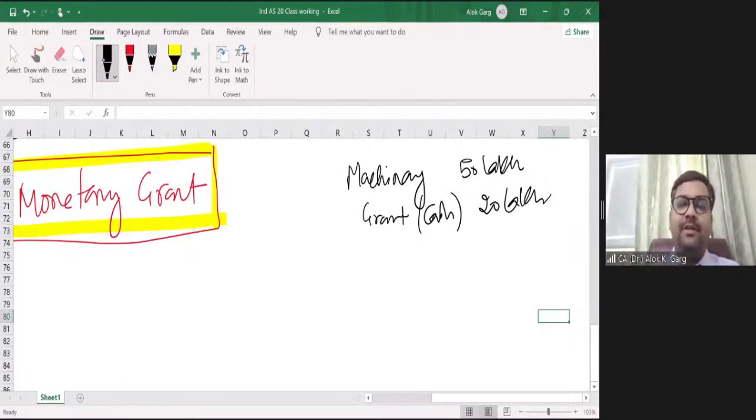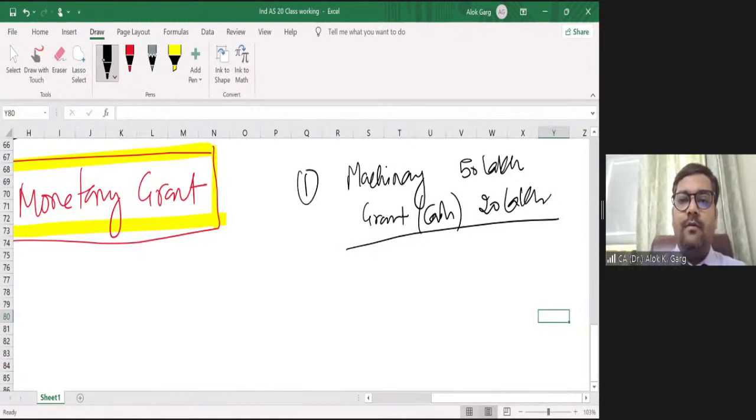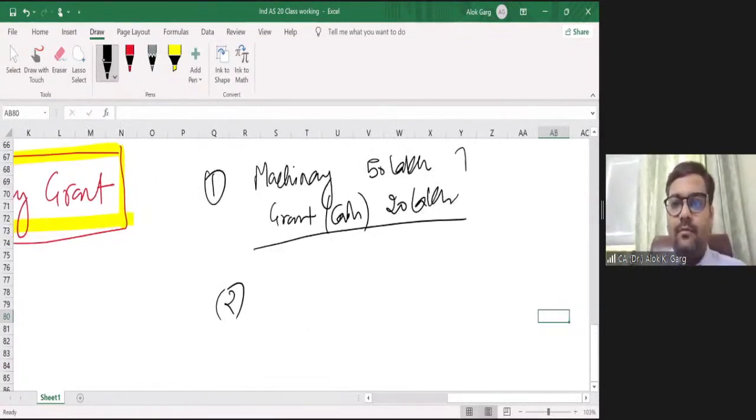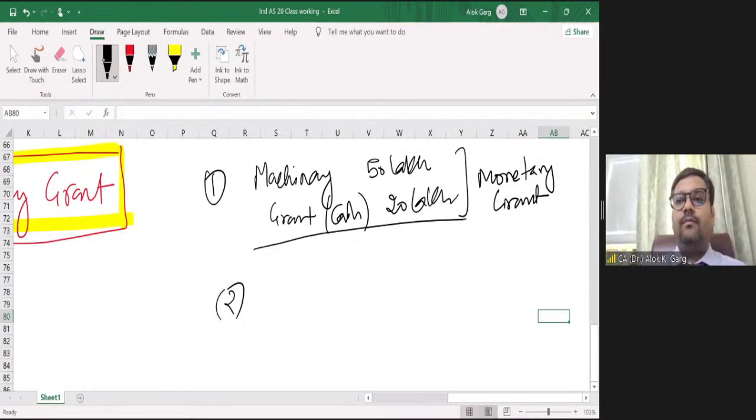The government is giving money to the company. Second one.